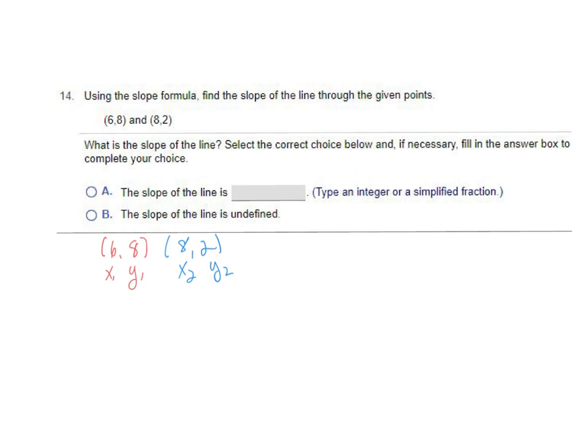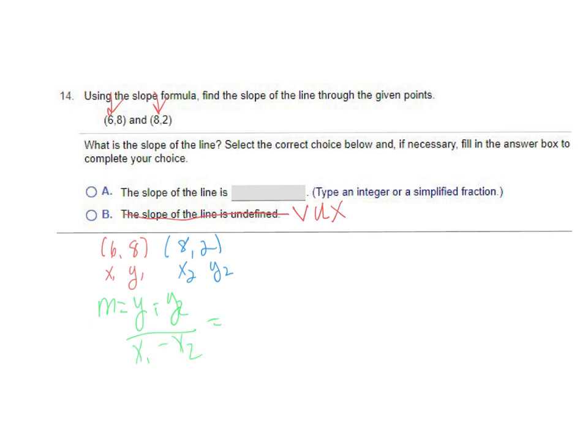This one asked me to find the slope. I immediately know that it's not this one. If it were undefined, vertical lines have undefined slope and all the x values are the same. The x values here are not the same, so I know that it is not an undefined slope. So I need to continue on, and I need to use my slope formula to do the change in y over the change in x's.